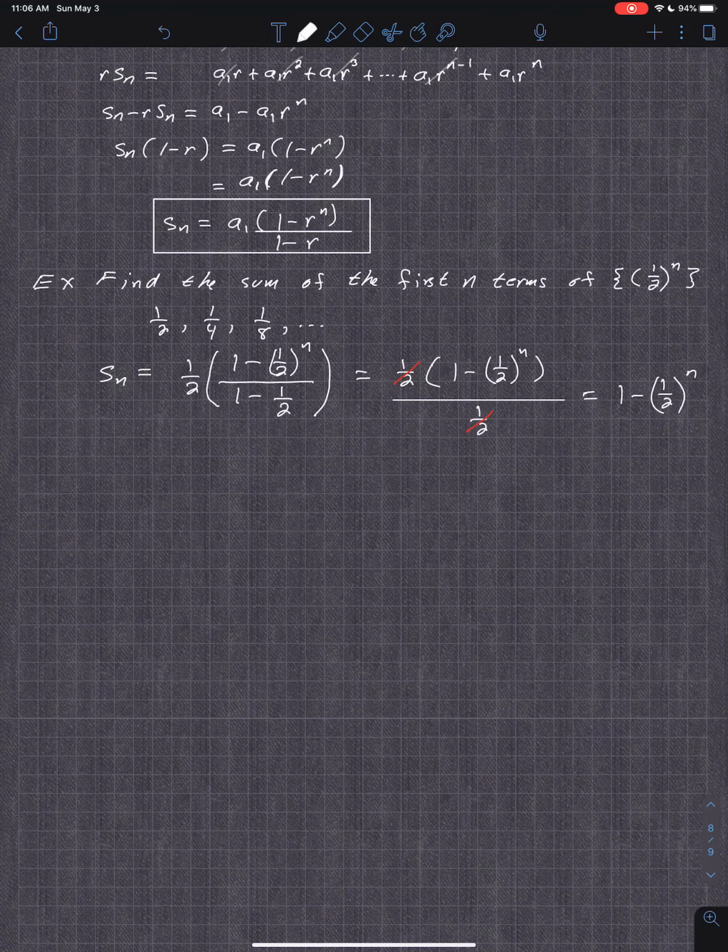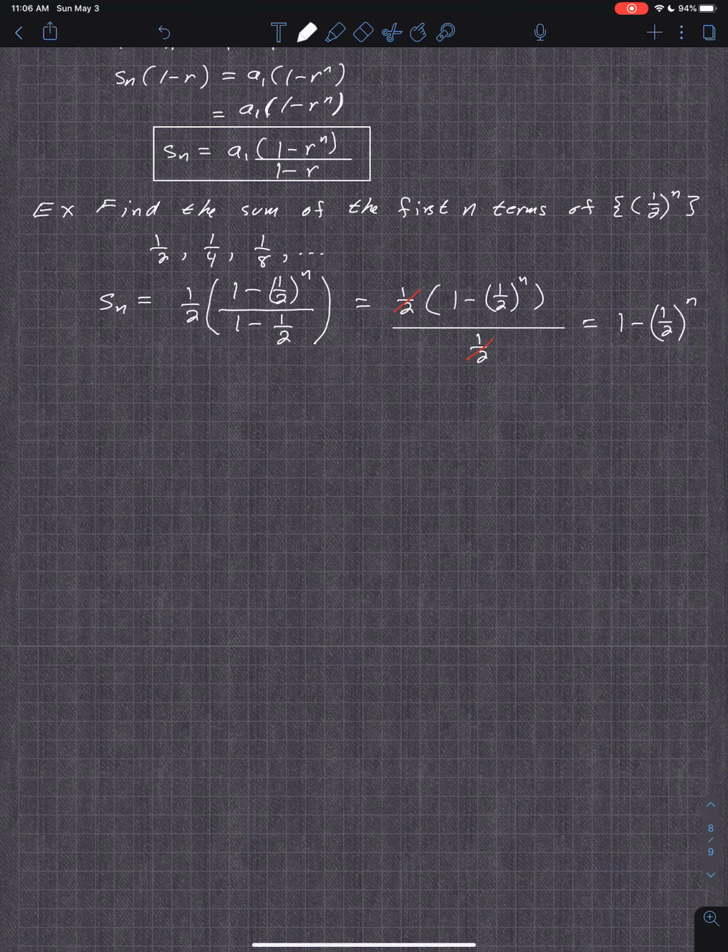Okay, and we can use that to evaluate something. I didn't ask you initially, but let's suppose I said find S sub 5. Then it's basically 1 minus a half to the 5th. A half to the 5th, let's get a decimal, which is fine for approximations. 0.5 raised to the 5th power is 0.03125.